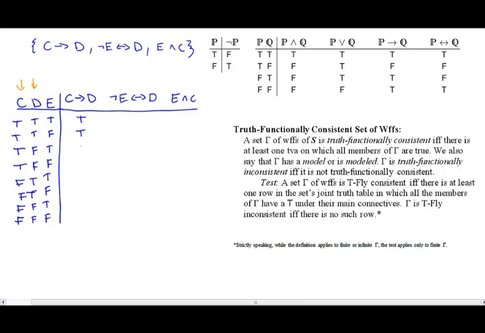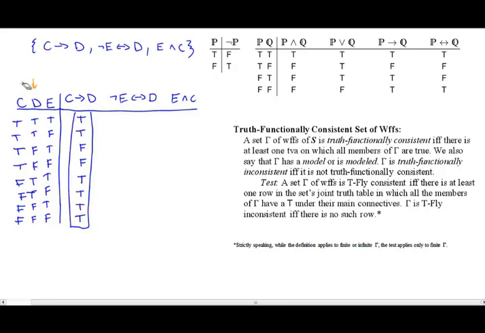Again on the second row. Then we have true antecedent, false consequent, which gives us an F. True antecedent, false consequent again. And the rest of the way down we have a false antecedent. So no matter what the consequent is, the formula is going to be true.